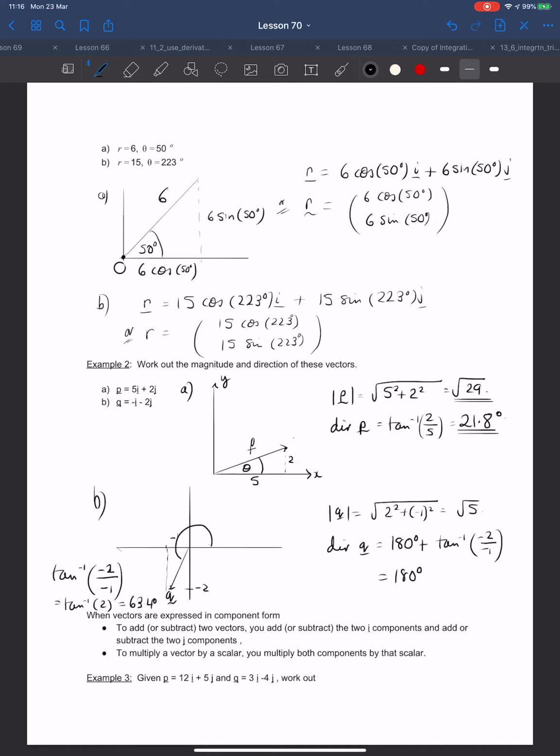So it's 180 degrees plus 63.4 degrees, which is 243.4 degrees. So when you do the tan inverse, it'll give you this part here, 63.4. But you want this full bit, so you've got to add 180 to the 63.4.